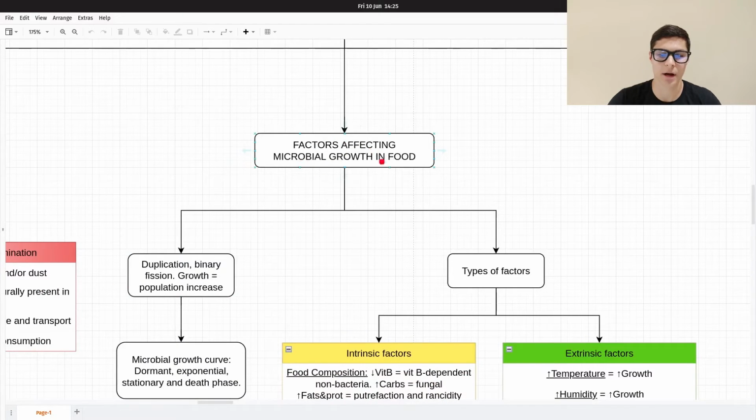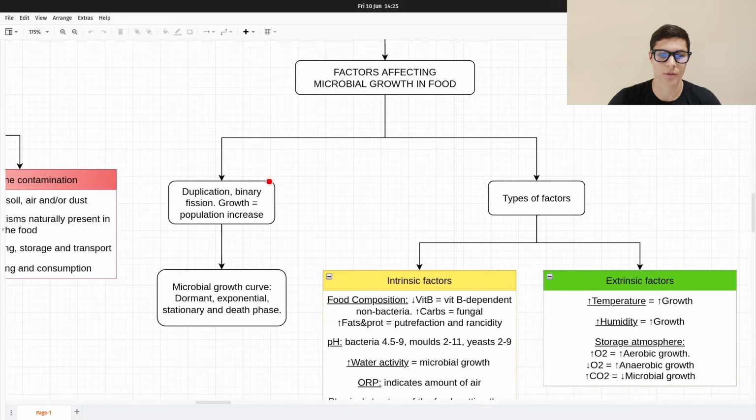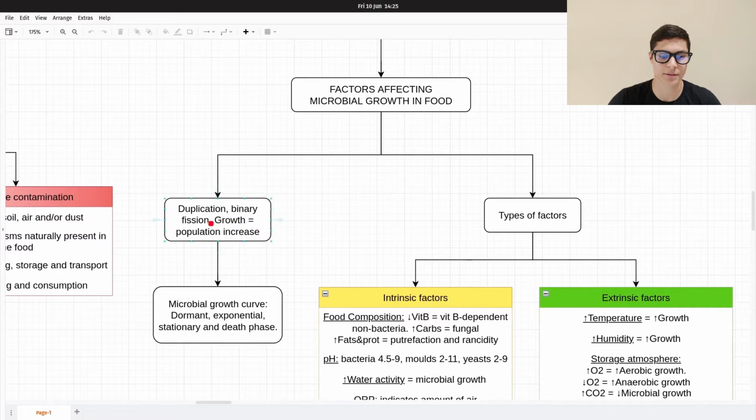Factors affecting microbial growth in food are, well, the duplication of the bacteria is using binary fission. And we need to talk about growth as the population increase, not as the growth of an individual.